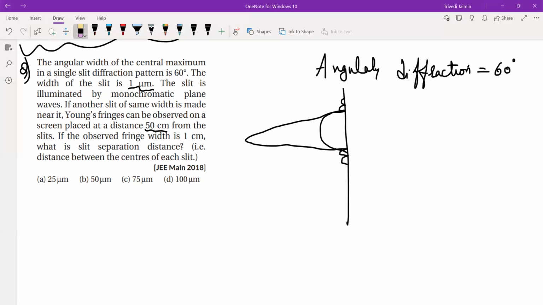This is the diffraction pattern. The total deflection is 60, so this will be 30 degree.